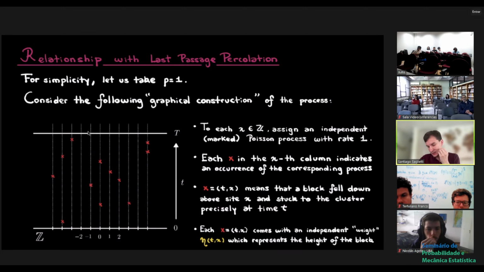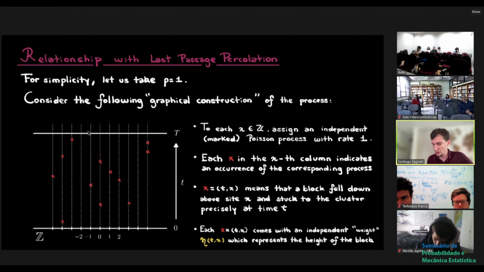And so the remaining information that I need is the height of the blocks in order to construct the process. So what I'm going to do is assign to each of these crosses in the Poisson processes a mark.